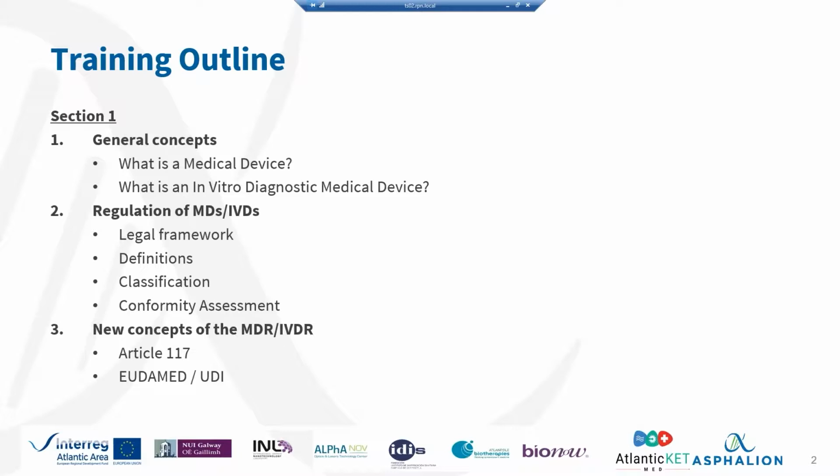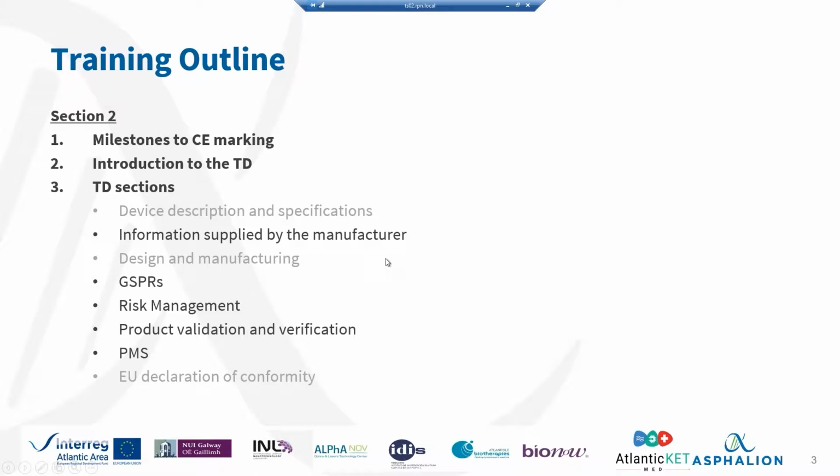Since we're starting a little bit late, instead of 15 minutes we will do it with 5 or 10, okay, so as to be in time. And then we'll do section 2. In this section, we will talk about the milestones to CE marking, which will lead us to the technical documentation. Then we will talk about specific points of the technical documentation. So without further ado, let's start the training.